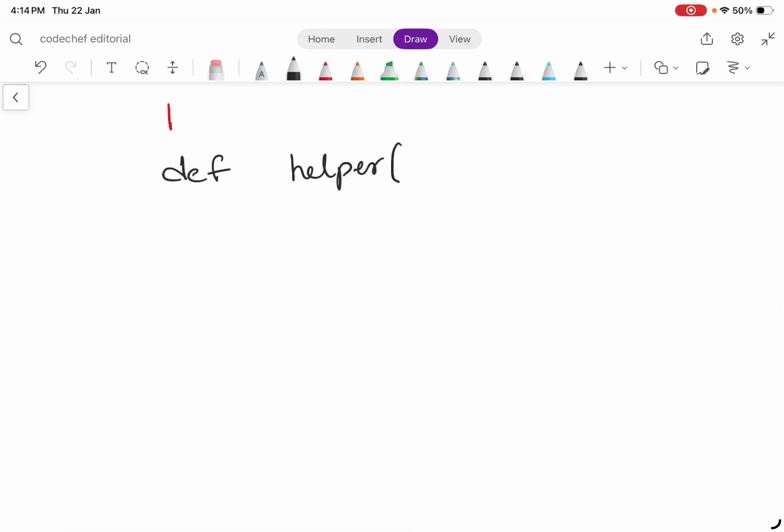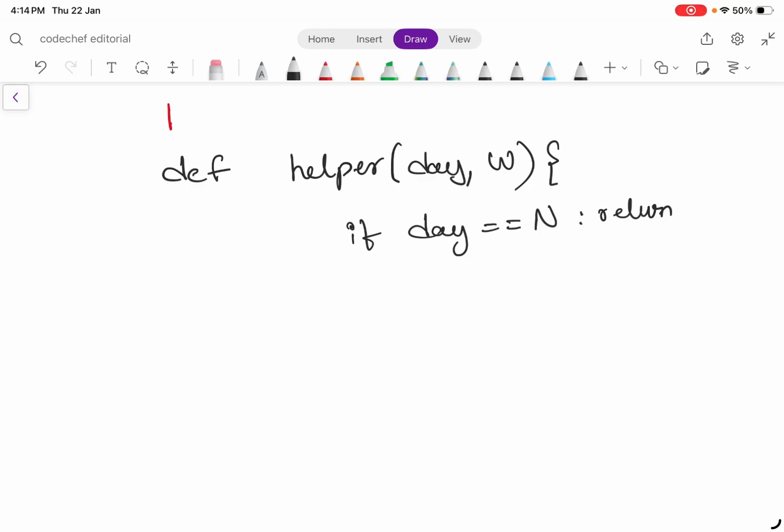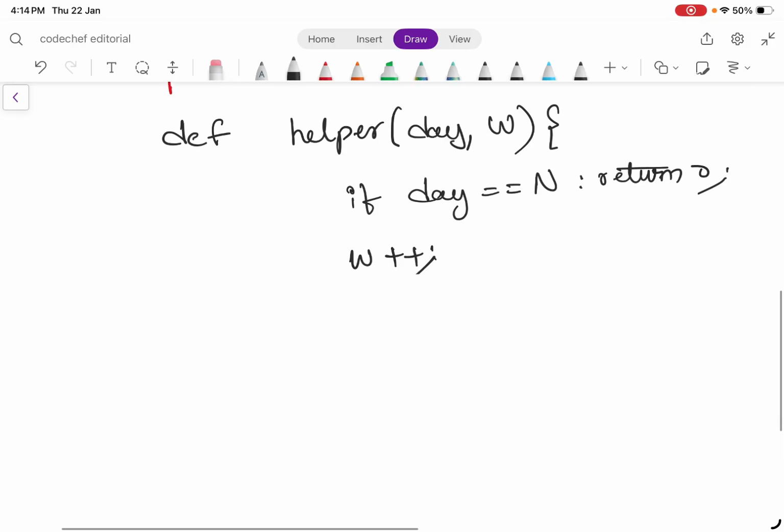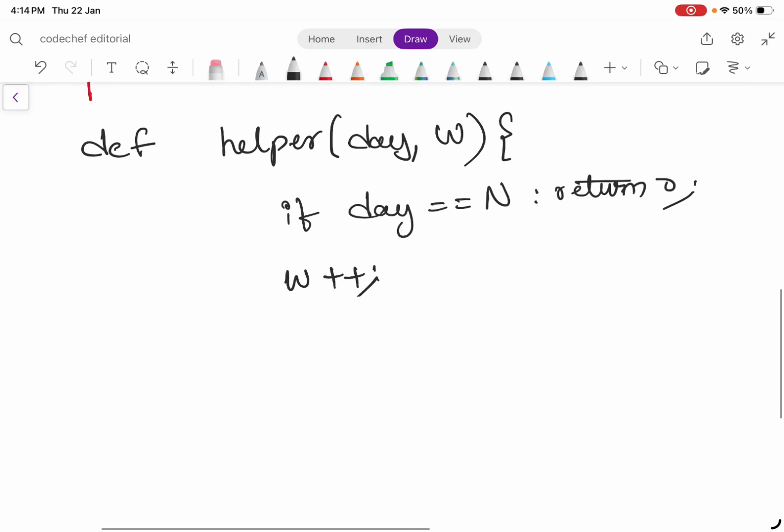We require 2 parameters, that is day, followed by the watches that we currently hold, let's denote that by W. If day is equal to the last day, we just return 0. As we know, each day we get an extra watch, so let's increment the watches that we currently hold. Now let's think about the 3 conditions that we have.